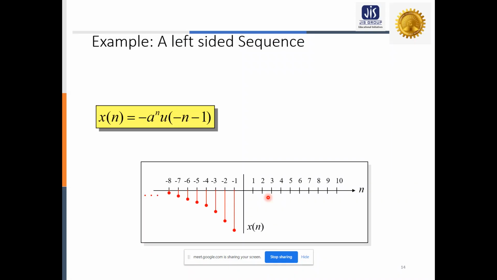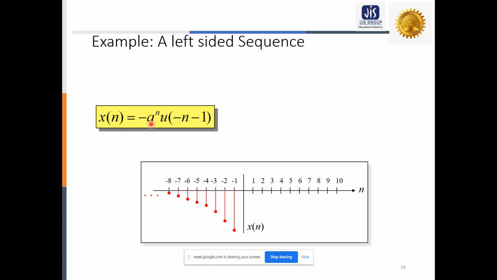Now the left-handed sequence. The previous case was the right-handed. Now it is the left-handed sequence. So for the left-handed sequence, x[n] is equal to minus a to the power n u[minus n minus 1]. It has values on the left-hand side of the origin, and its value is minus 1 here, and the amplitude is minus 2 here. So this is also exponentially decaying, and the amplitude is on the negative side, that's why it is minus a to the power n.